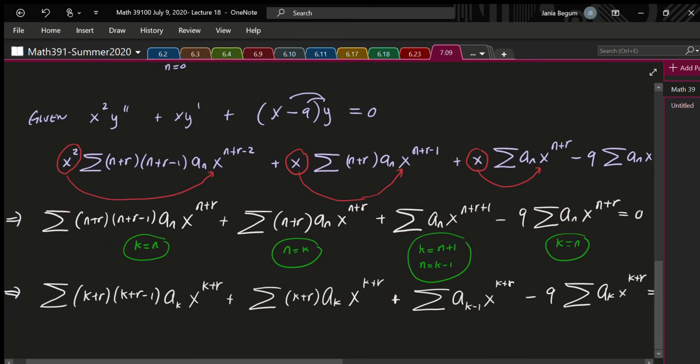Well, now they all have x to the power k plus r, so I can factor that out and combine all the coefficients into a single summation. So that's the next step.